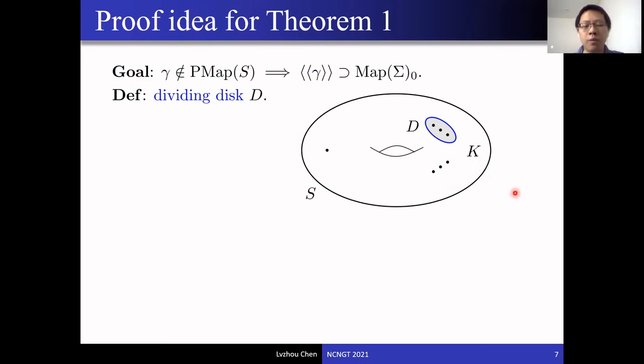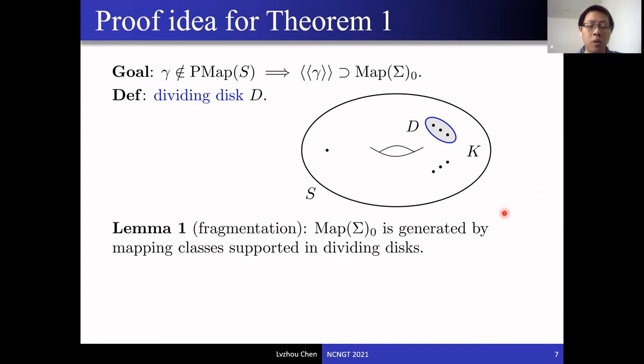And the basic observation is that any mapping class supported in such a dividing disk must become trivial under the forgetful map, because it's supported in the disk witnessing no homology. And the nice thing that we show is that the kernel of the forgetful map is generated by all such mapping classes supported in dividing disks.